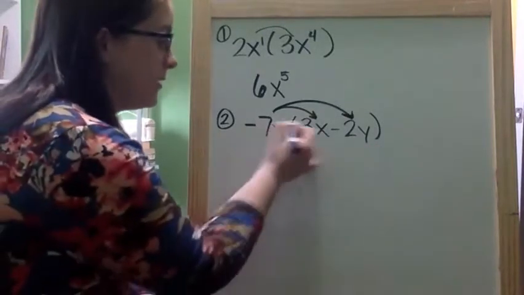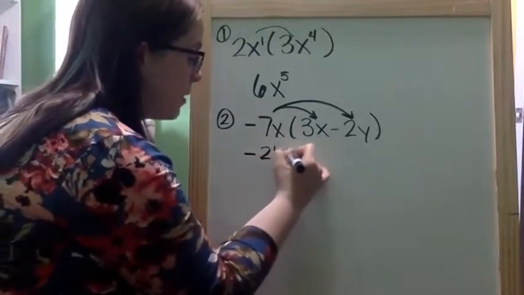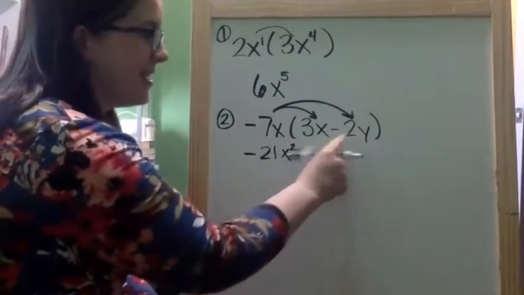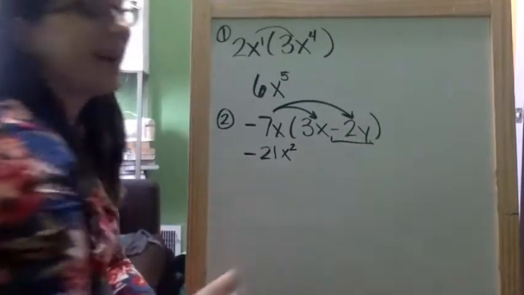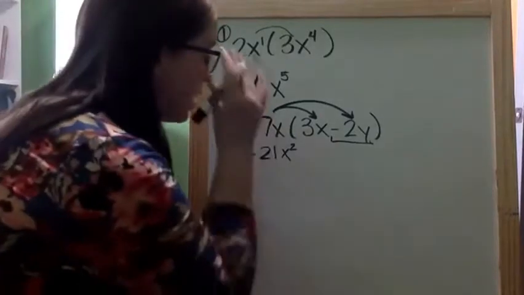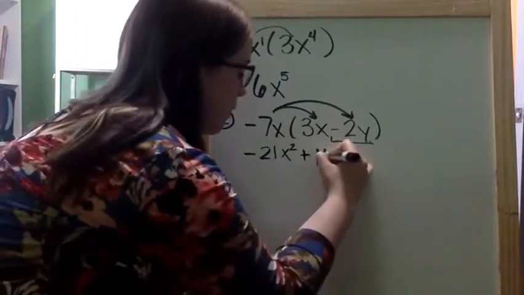So we would do negative 7x times 3x, which would give us negative 21x squared, and negative 7x times negative 2y. Take the sign that's directly in front of that term, and we would get plus, because negative times negative, 14xy.